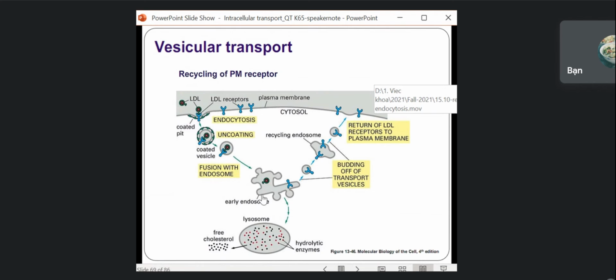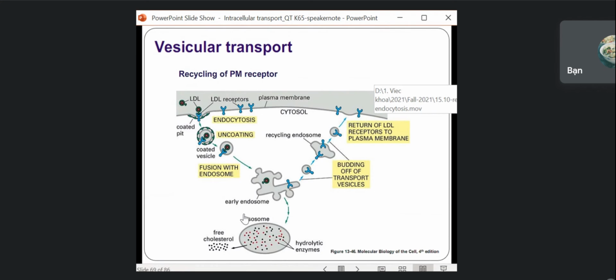And the LDL molecule stays in the early endosome and then develops into the lysosome, where it can be degraded or digested by hydrolysis, and releases the free cholesterol into the cell.